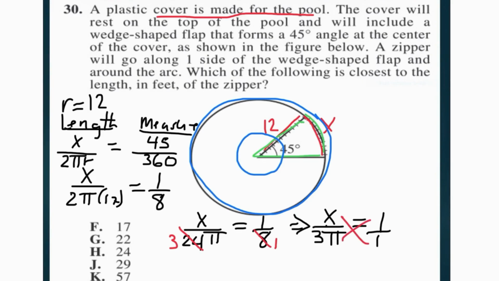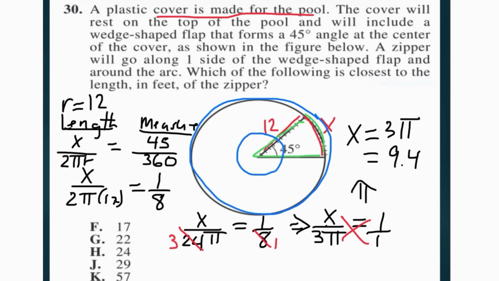And if I cross multiply, I would get x is equal to 3 pi. And 3 pi turns out to be approximately 9.4.